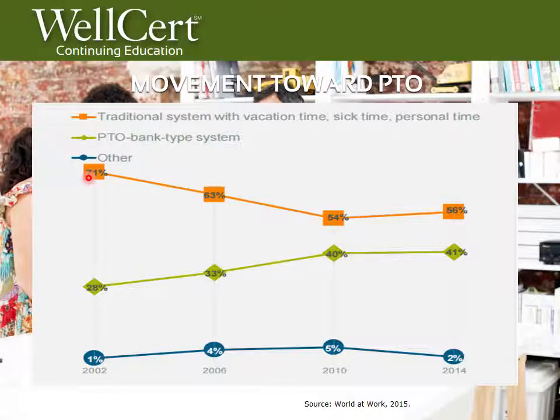In the paid time off bank type system, we see 28% of the survey population, where we then see that increasing by some significant amounts, and now the difference is between these numbers. At the same time, other types of approaches, and the others include, for instance, not having leave systems.